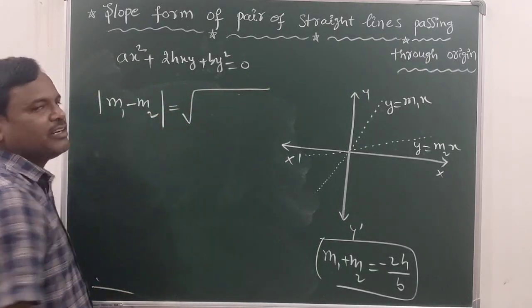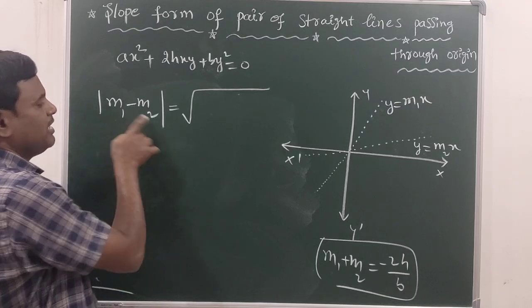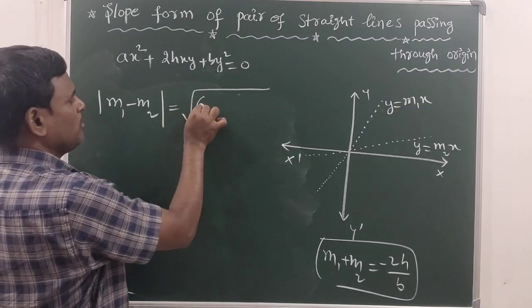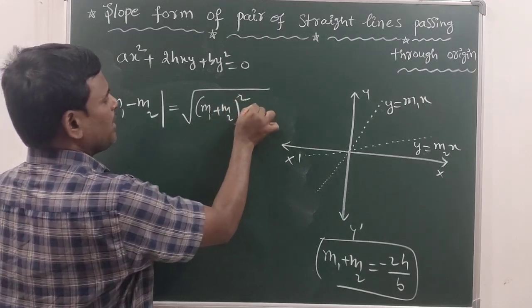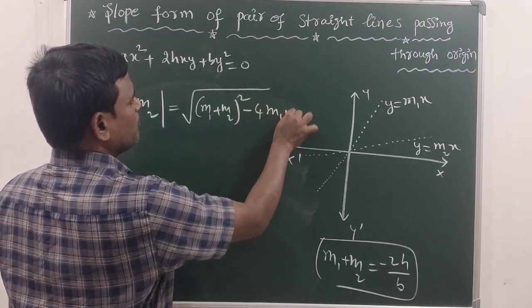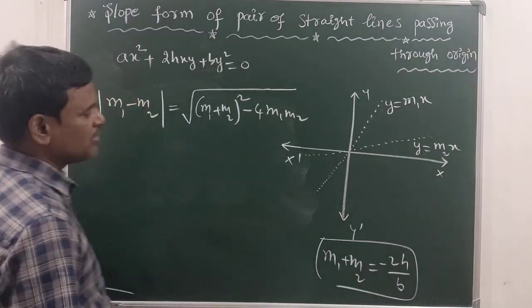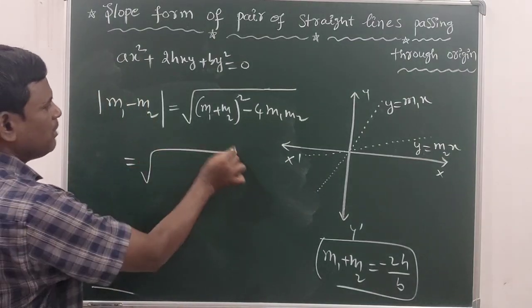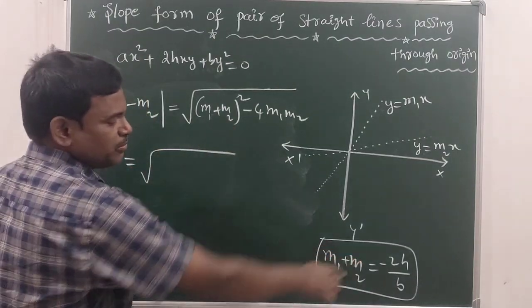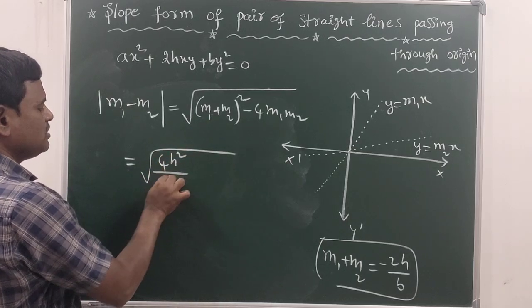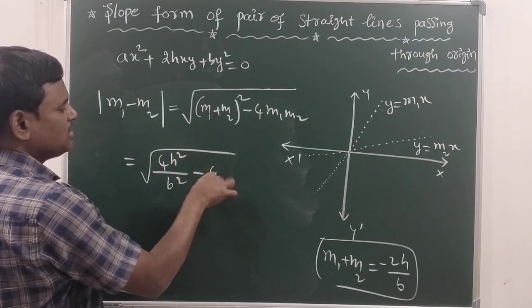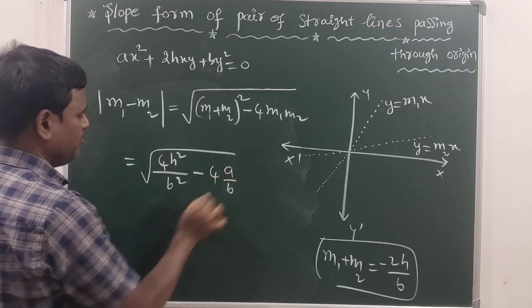One standard identity is there. Difference of slopes is equal to square root of sum of the slopes whole square minus 4m1 m2. You read this relation, in which I am going to write m1 plus m2 as minus 2h by b. If I write here, it becomes 4h square by b square minus 4m1 m2, a by b you will get.